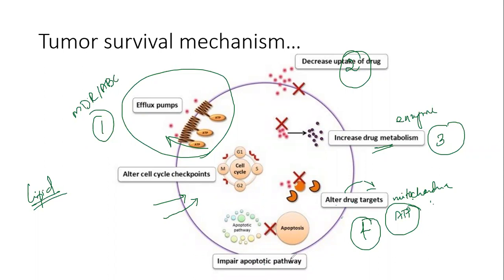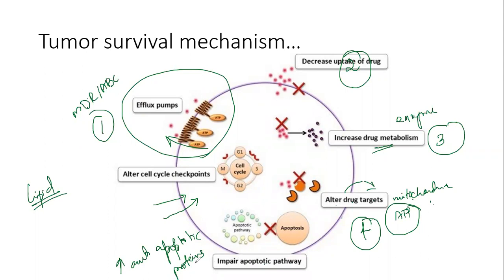Okay, cell suicide जो हम बोलते हैं, किसको जाना चाहिए. But in the case of cancer cells, what they do is they are going to damage or decrease the expression of the apoptotic proteins. They increase the expression of the anti-apoptotic proteins. ये चीज समझ रहे हैं?